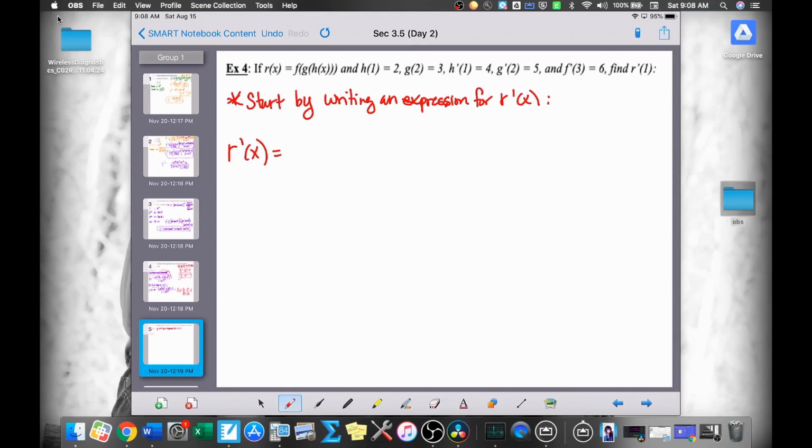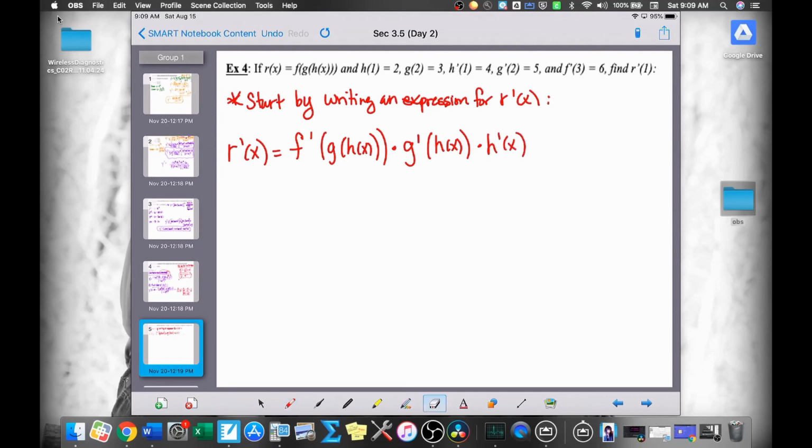So it's going to be the derivative of the outermost at the inner: f'(g(h(x))), times the derivative of the next inner function, g'(h(x)), and now I have to multiply by the derivative of the innermost function, so times h'(x).